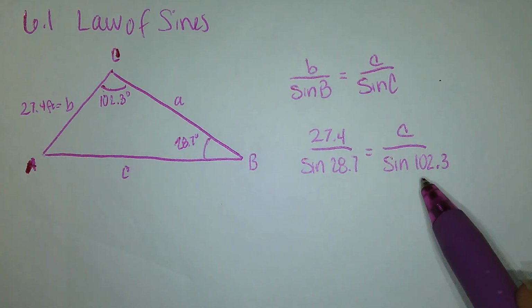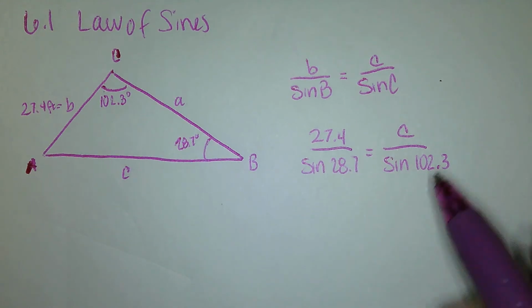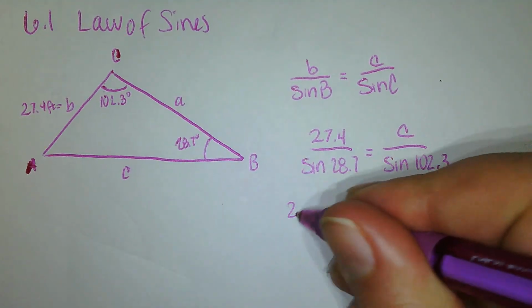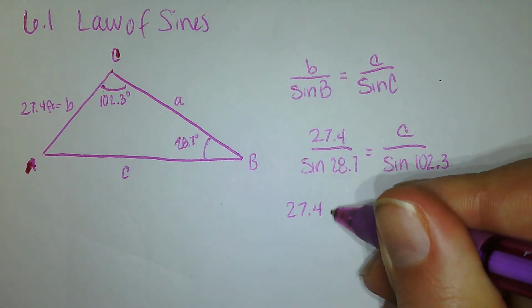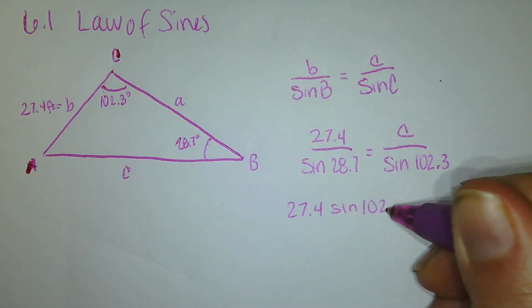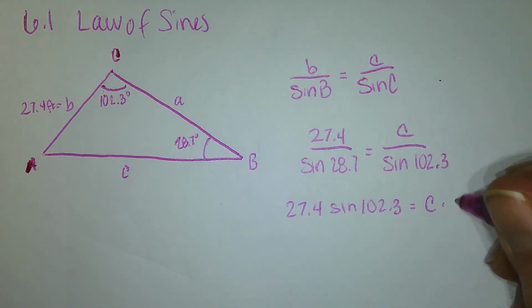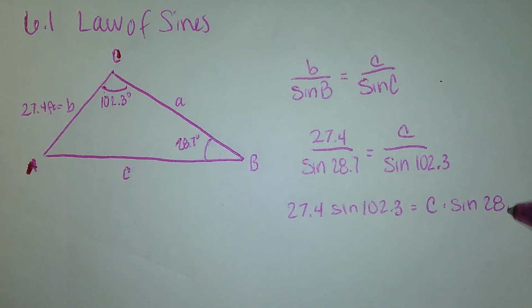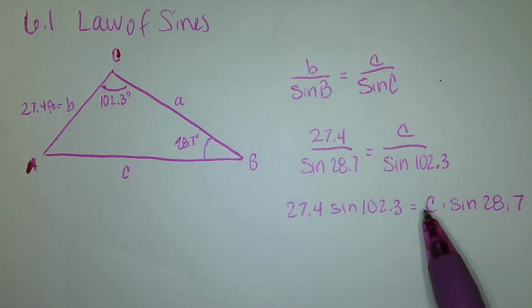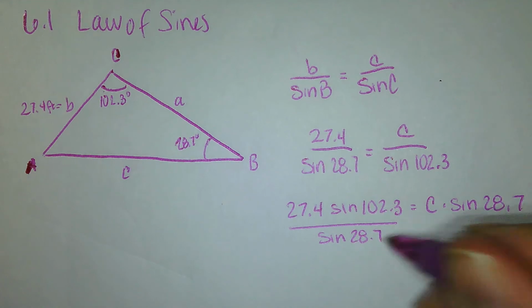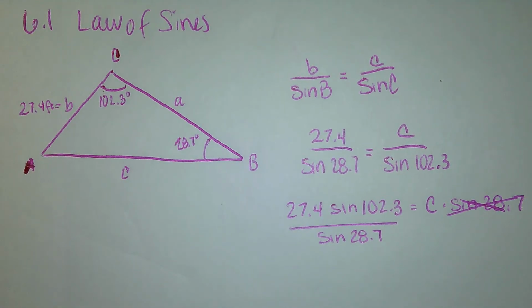Now all we would do is cross multiply these. We won't have to do anything crazy here. So 27.4 sine 102.3 is going to equal c times sine of 28.7. To solve for c, we're just going to divide by sine of 28.7, and then we'll have c by itself.